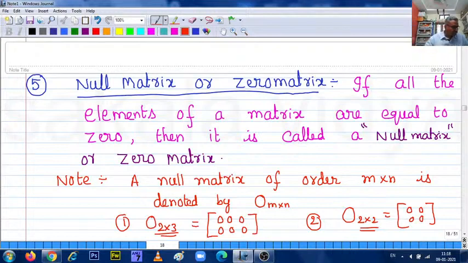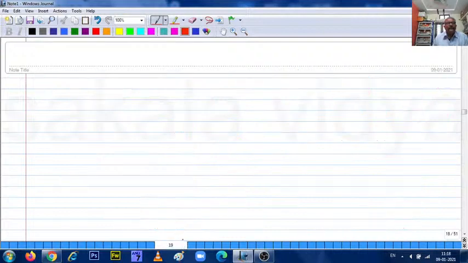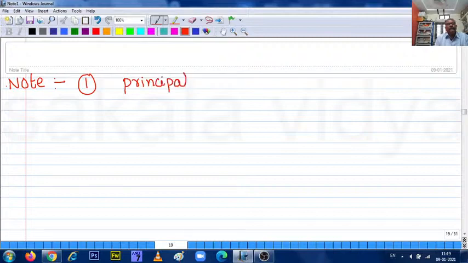Next, write down the note. In this note, first point, principal diagonal.